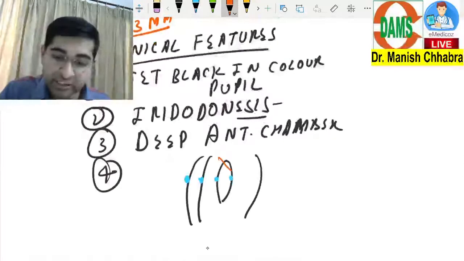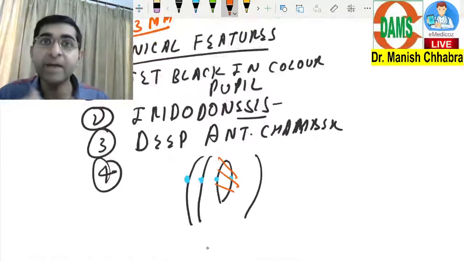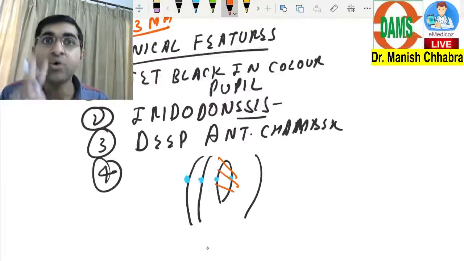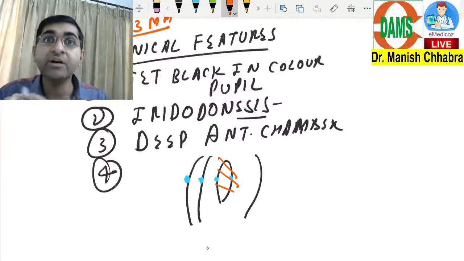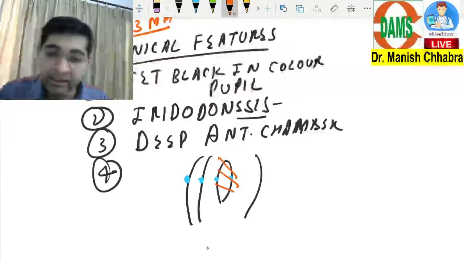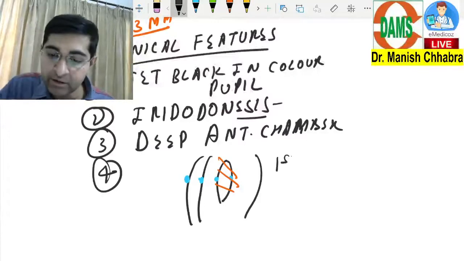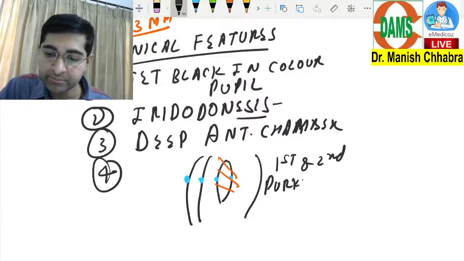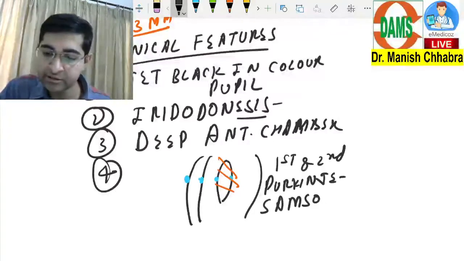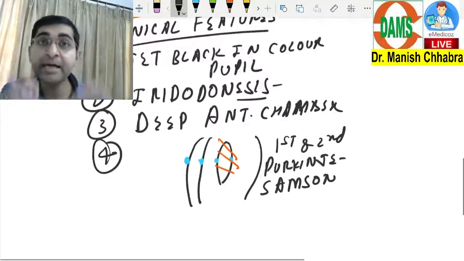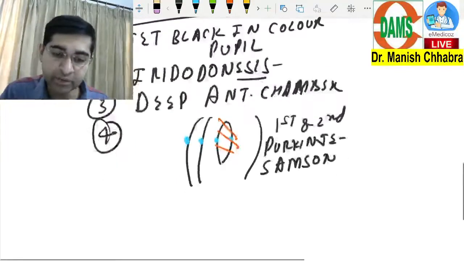When the lens is not there, what will happen to the Purkinje images? There will be only 2 Purkinje images. Which ones? The images present in aphakia will be the first and second Purkinje images, and the third and fourth Purkinje images will be absent.